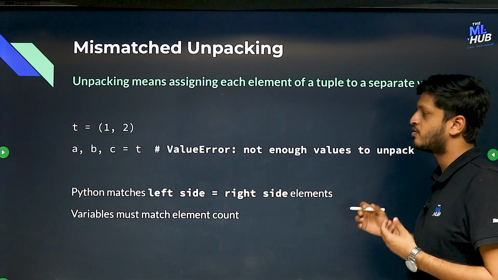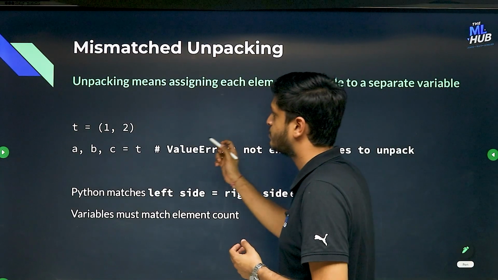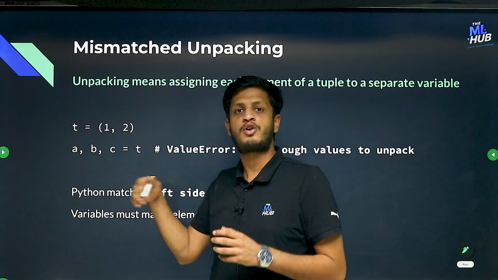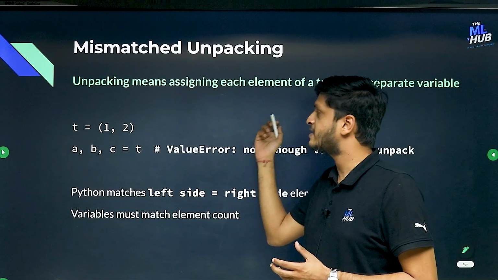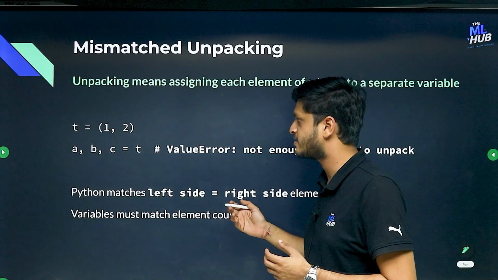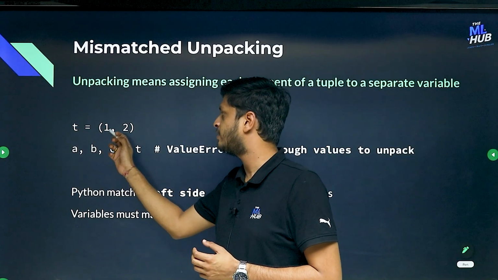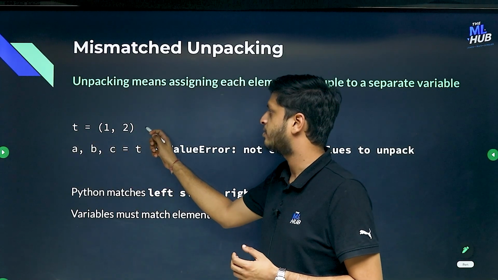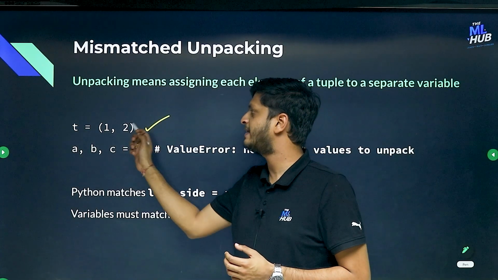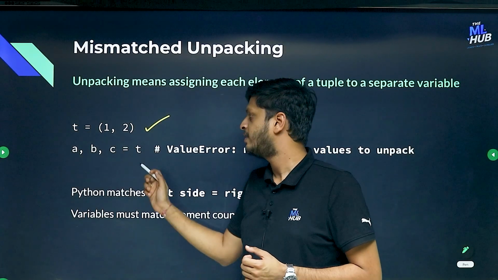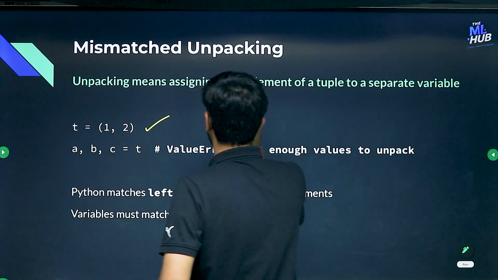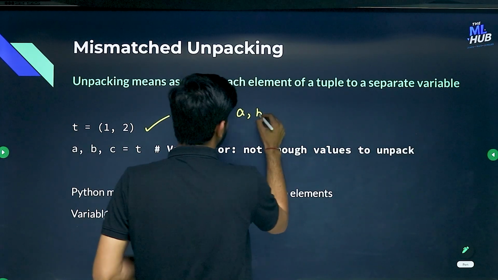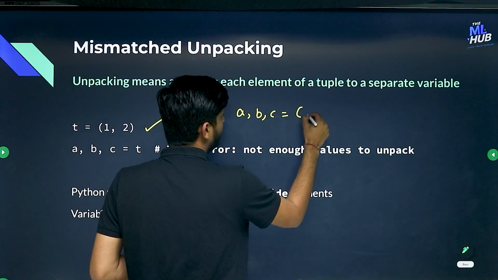Okay. So now let's see mismatched unpacking. If you have fewer variables or more variables than the number of elements, then it is called mismatched unpacking and you will get an error in such cases. So if you say t is equal to tuple 1, 2, this is allowed, right? Because you are assigning the entire tuple to the variable t. But if you say a, b, c is equal to t, here you are essentially writing a, b, c is equal to tuple 1, 2.